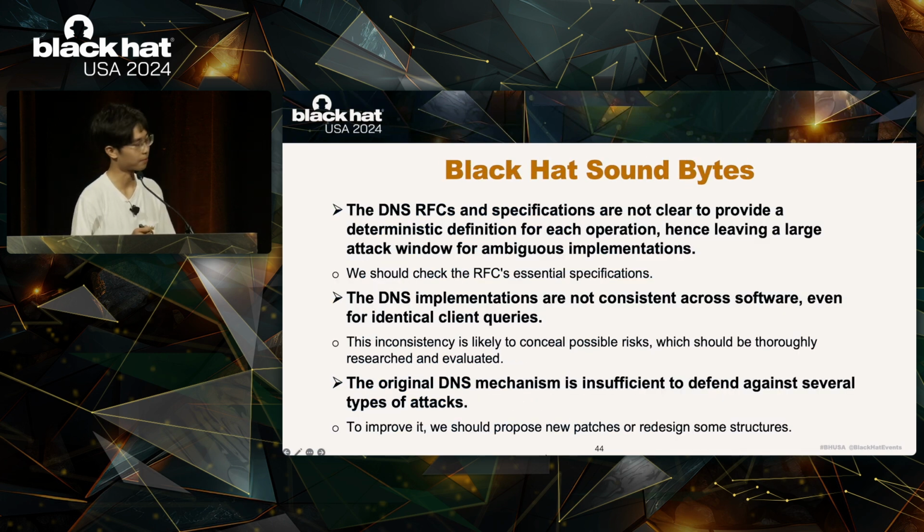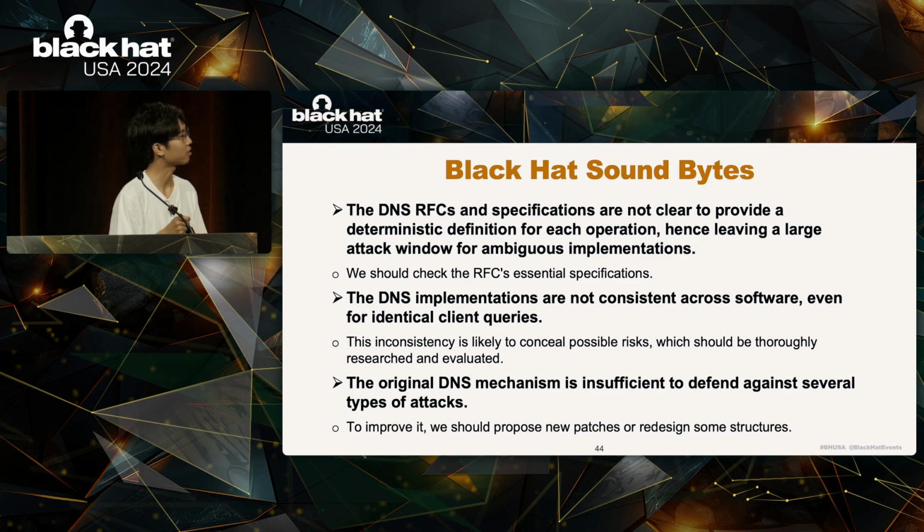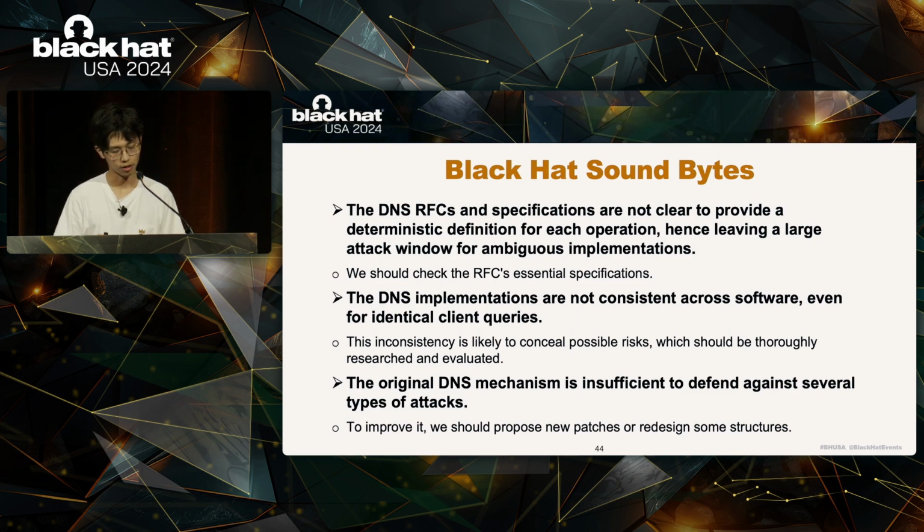So to sum up, the DNS RFC and specifications are not clear enough to provide a deterministic definition for each operation, hence leaving a large attack window for ambiguous implementations. We should check the RFC essential specifications. Second, the DNS implementations are not consistent across software, even for identical client queries.